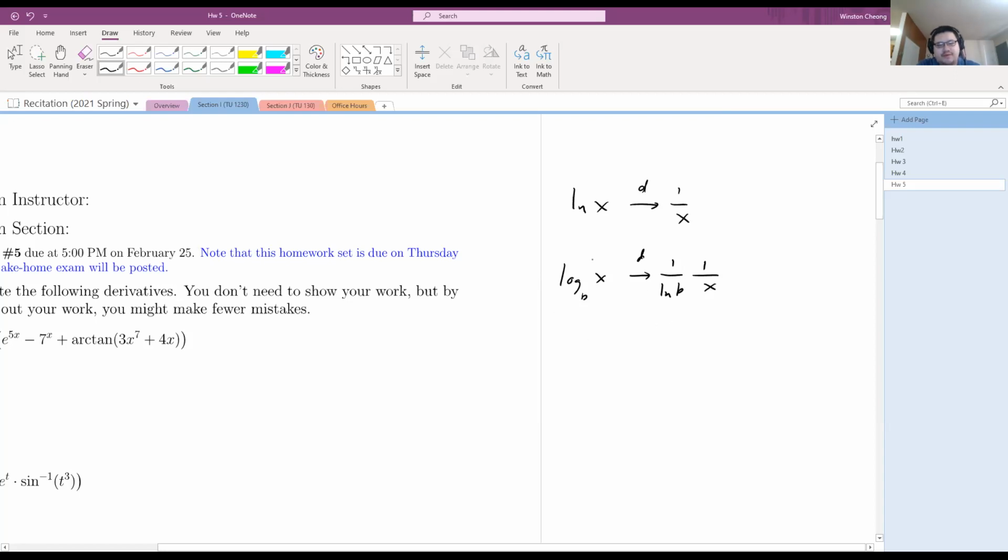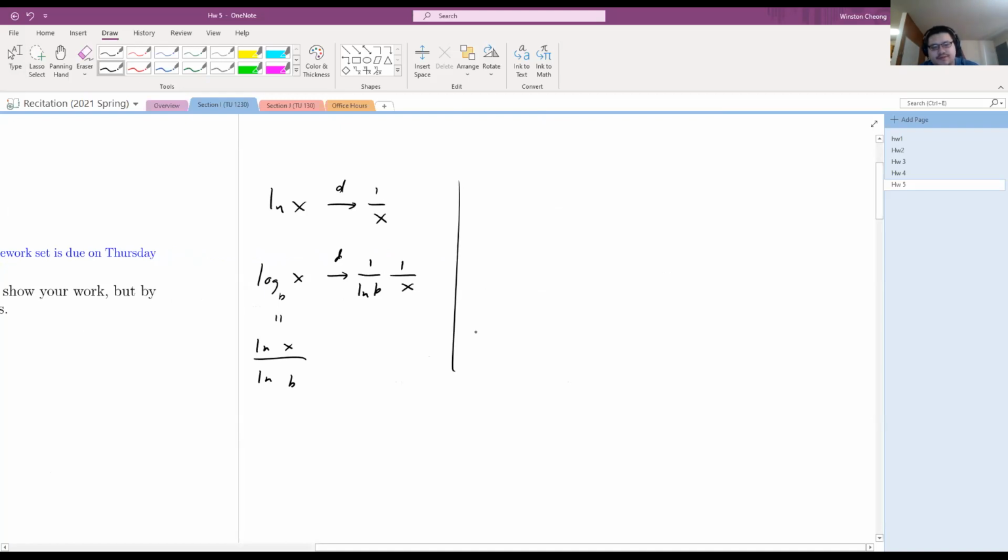One way you can think about this is that it's due to the base change formula, which says you can rewrite this as any log of x over any log of b. So I can rephrase this as the natural log of x over the natural log of b, and from that you can see that the derivative would give you that.